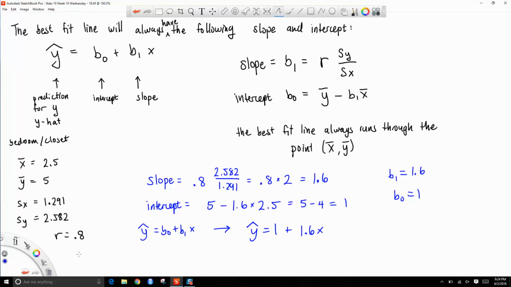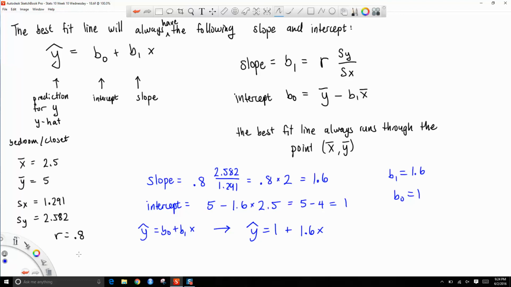And if your computer can calculate R, it will certainly be able to calculate your linear least squares fit line. You'd say, "Computer, find the line," and it just uses this. It's not trying to do anything complicated there. And that would be it.